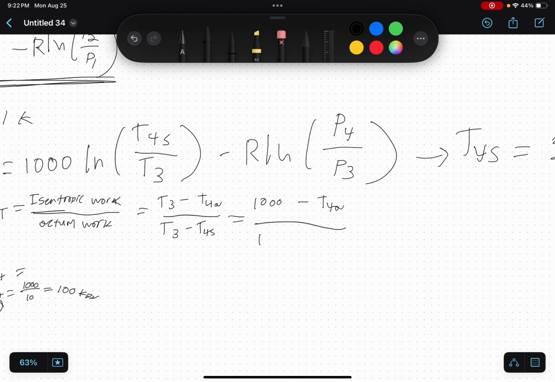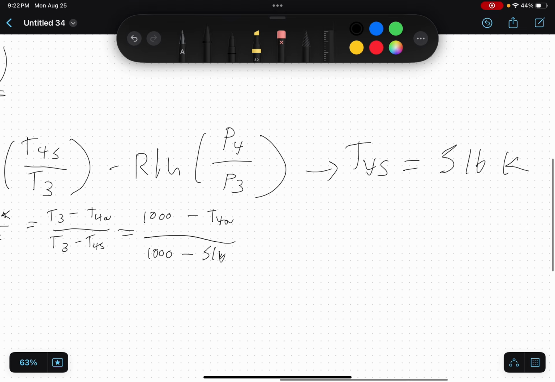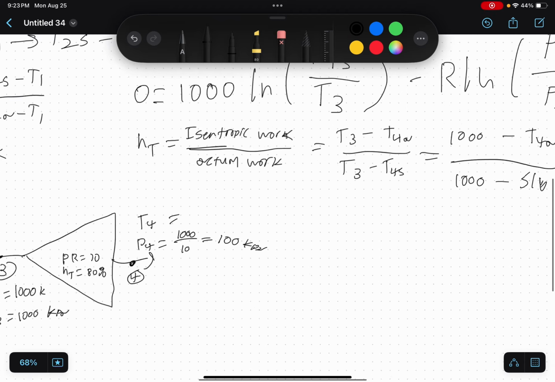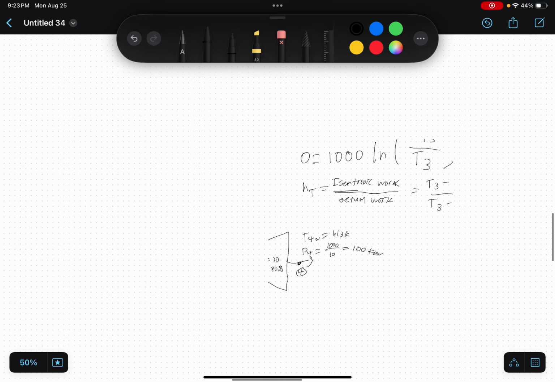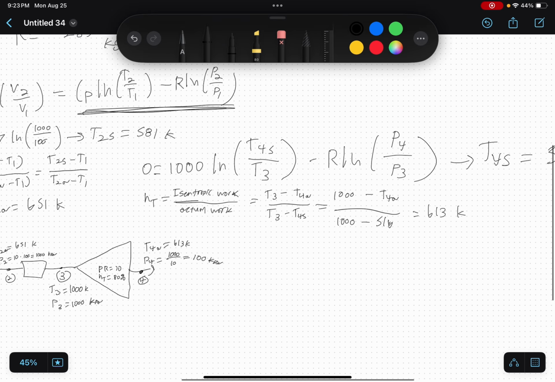T4A over 1,000 minus 516. This equals 613. Okay. Cool.